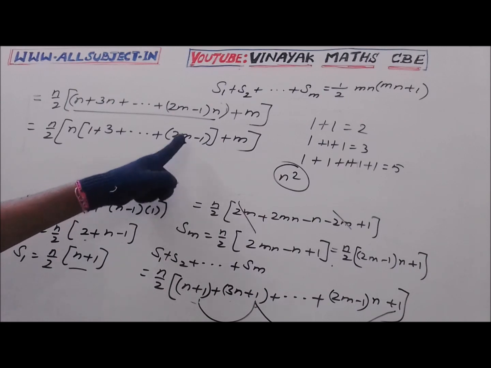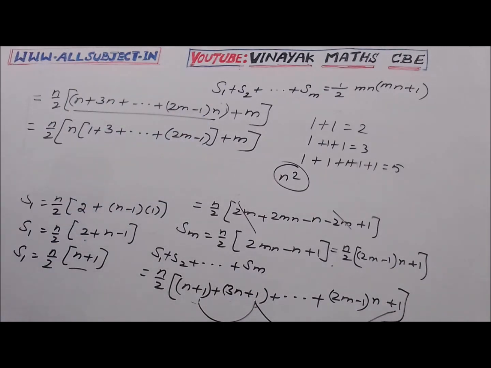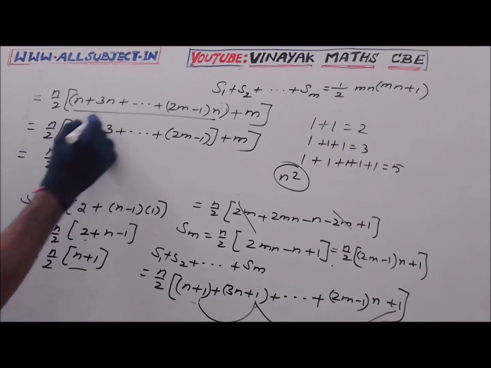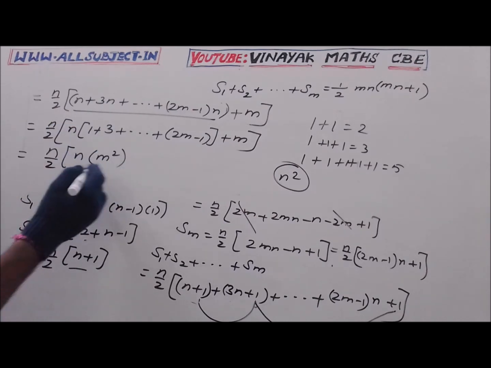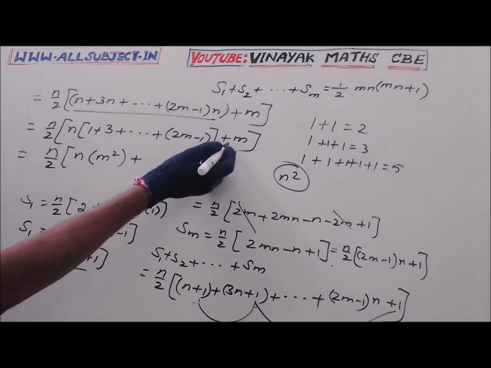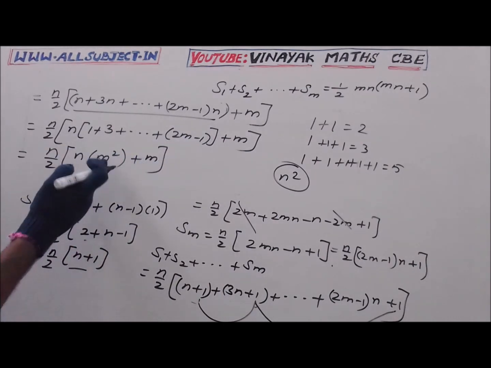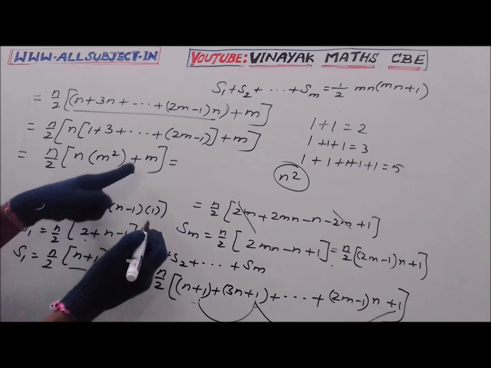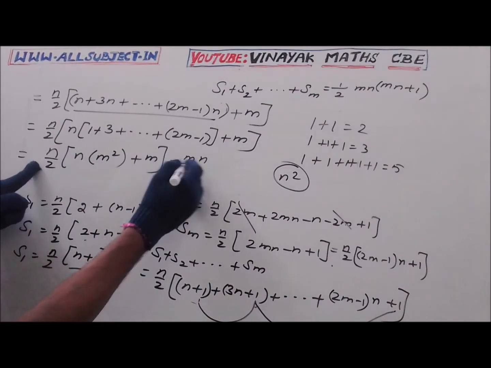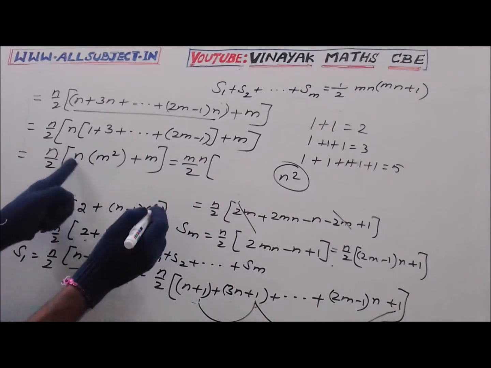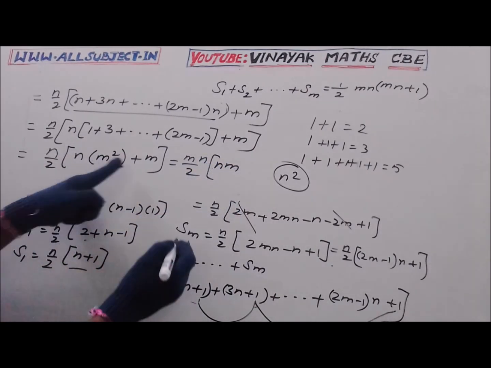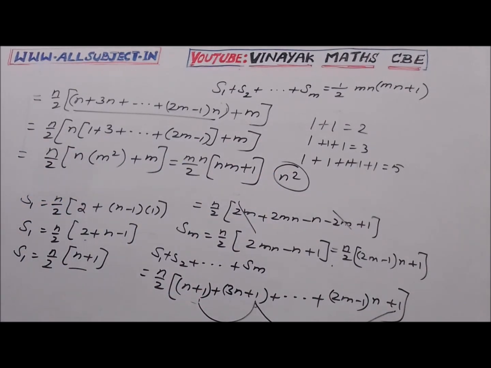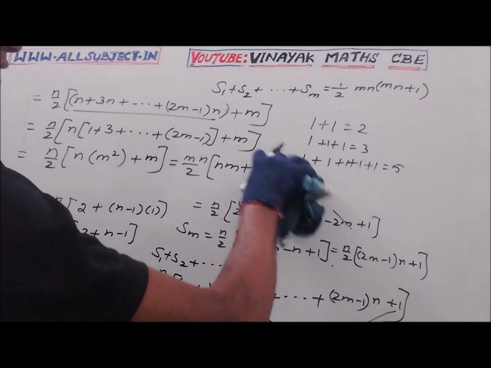So there are m terms here. So the sum of the first m terms will be equal to n by 2 into n into the sum of these terms, which is m square plus another m. Taking m as common from both terms, we get mn by 2 into, m is taken out, remaining is m, and plus m is taken out, remaining is 1.